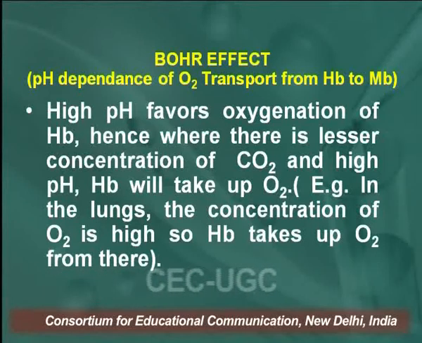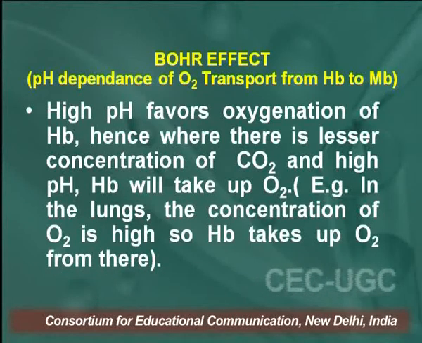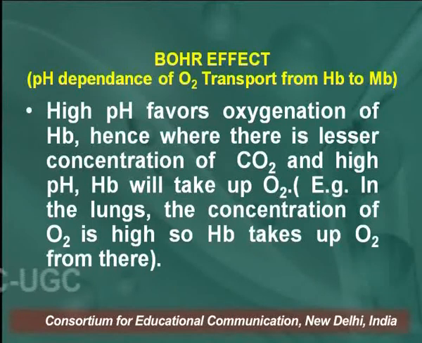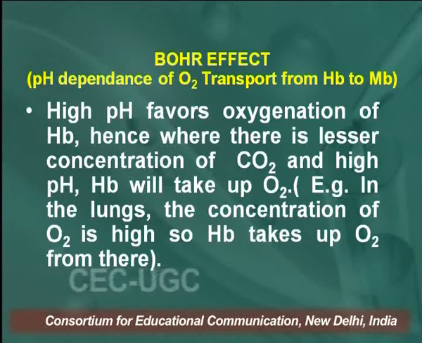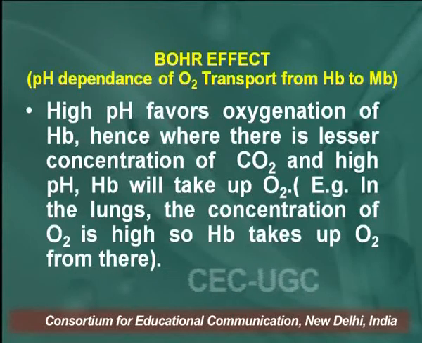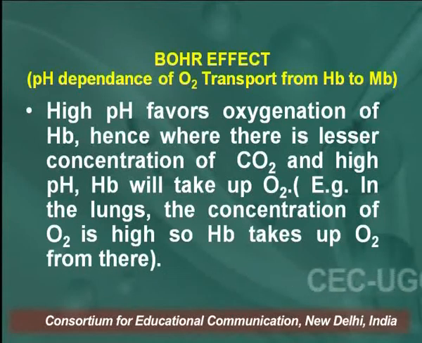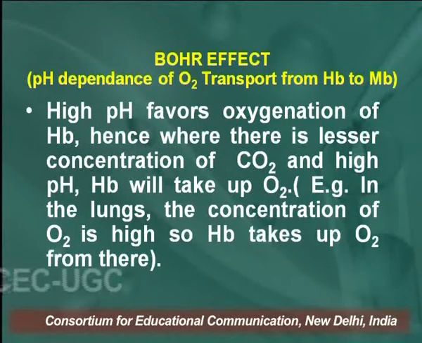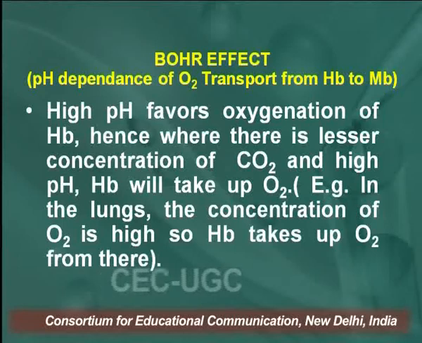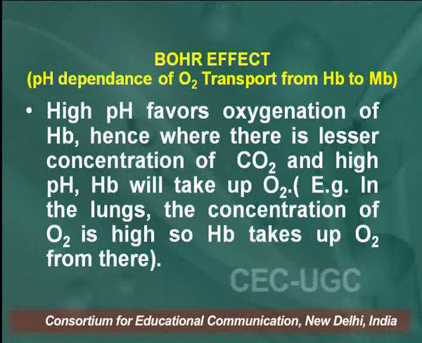Example, in the lungs, the concentration of oxygen is high and the concentration of carbon dioxide is less, so hemoglobin takes up oxygen from the lungs. And this pH dependence of oxygen transport from hemoglobin to myoglobin is termed as Bohr's effect.